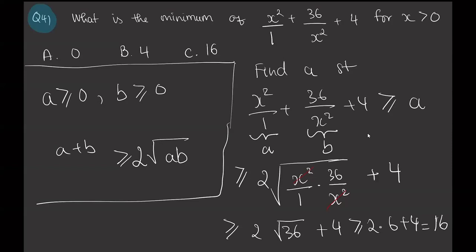Okay. And before you apply these, you have to argue x squared is greater than or equal to 0 by basic fact. And then 36 over x squared is greater than or equal to 0 also by basic fact. 36 is a positive number, so positive number divided by positive number is a positive number.